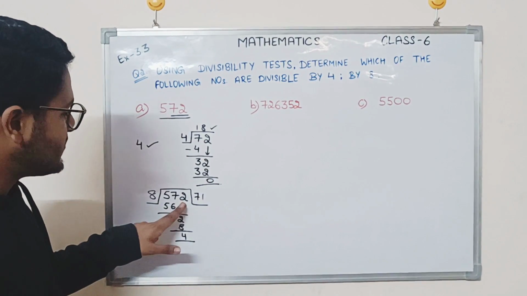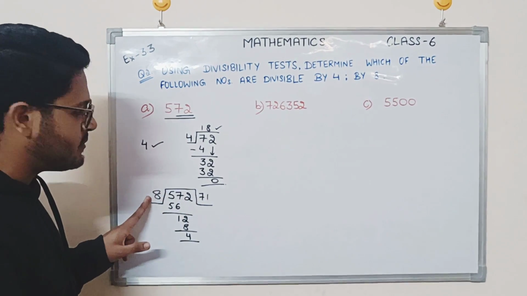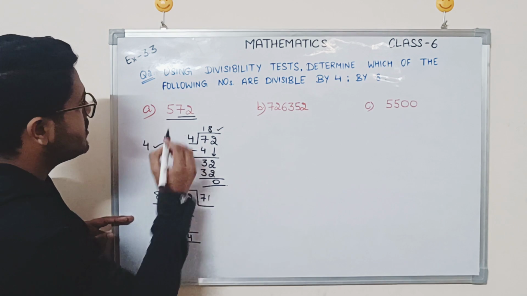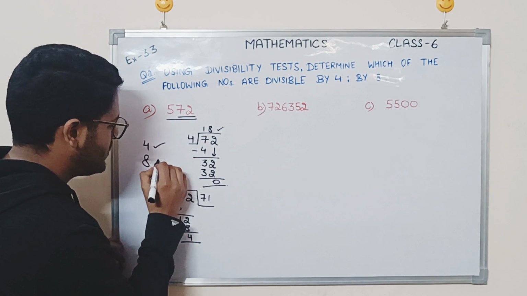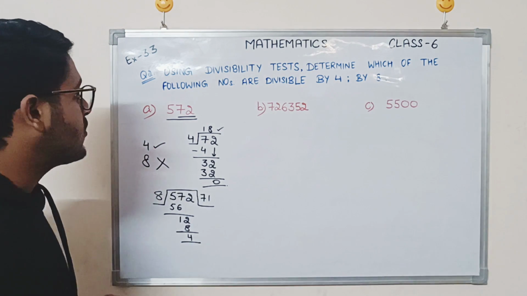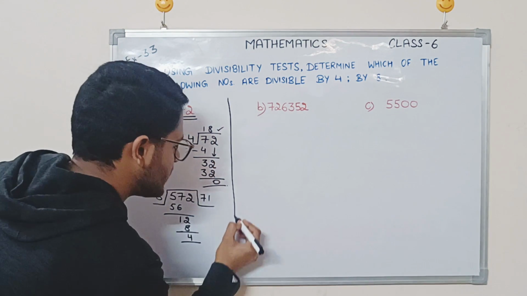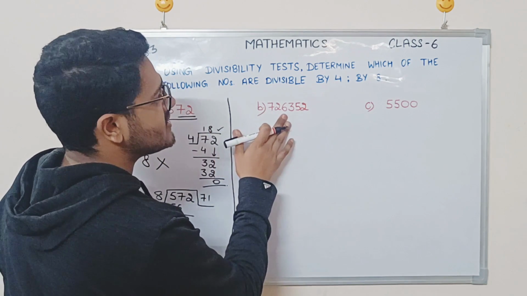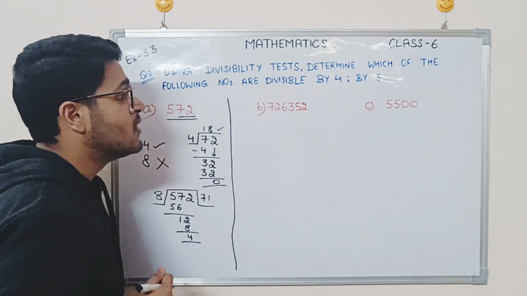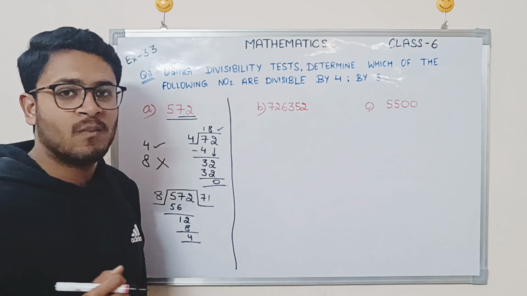So as 572 is not divisible by 8, therefore this whole number, which is 572 only, is not divisible by 8. Let's start with the second part now. The second part is 726,352. We need to check whether this number is divisible by 4 or not.